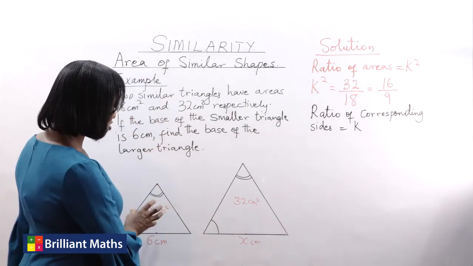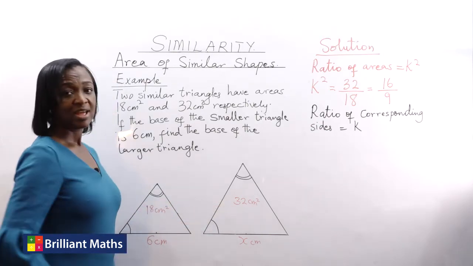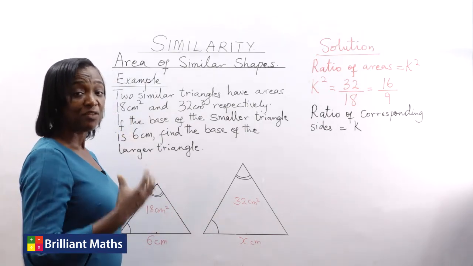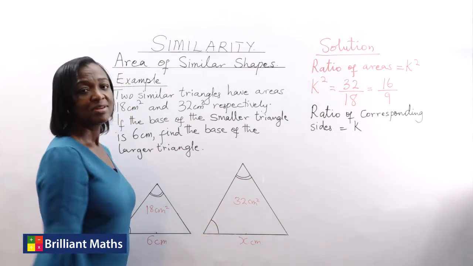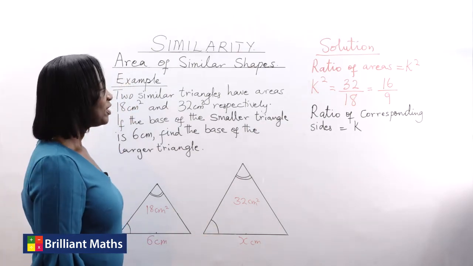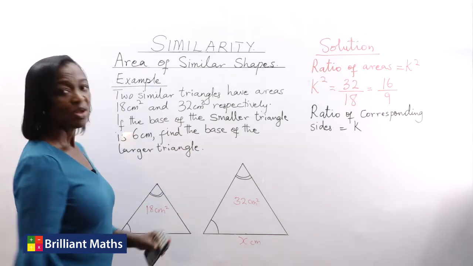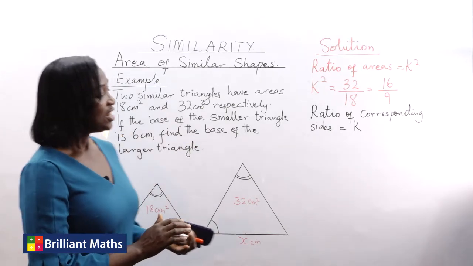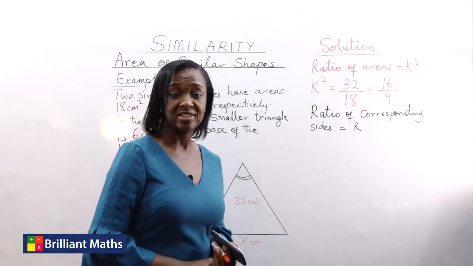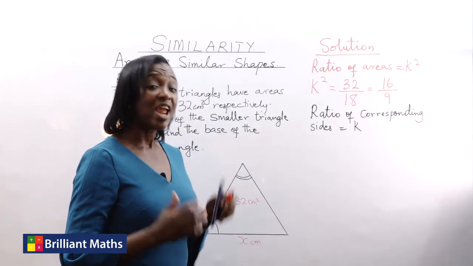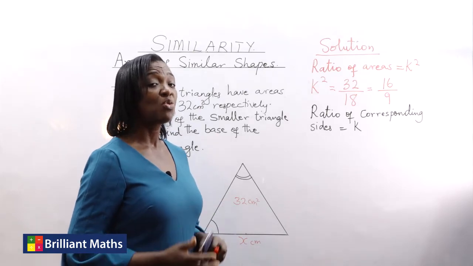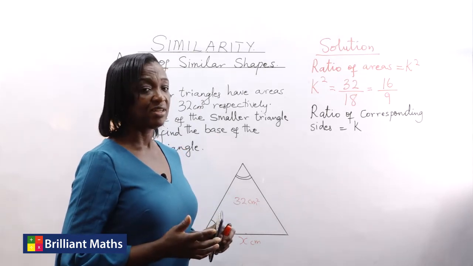So we know the area of both triangles, and we want to use that information to find the length of the unknown side.